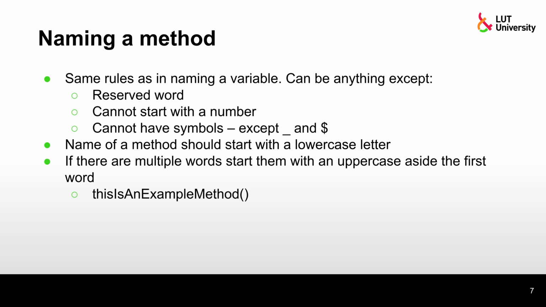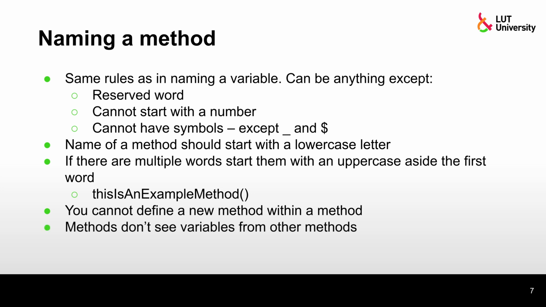For example, this is an example method where I, A, E, and M are uppercase letters and the rest is lowercase. And you cannot define a new method within a method. If you have a method, you cannot define another inside, but you can of course call another method that is somewhere else in the class.